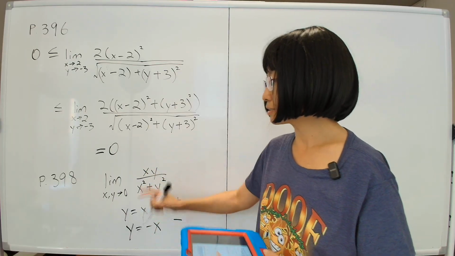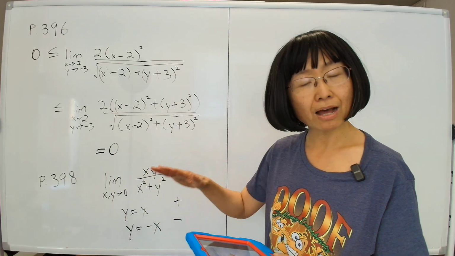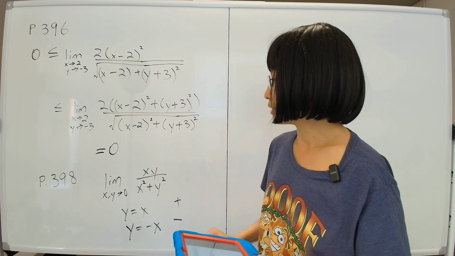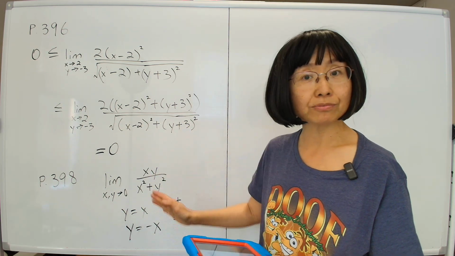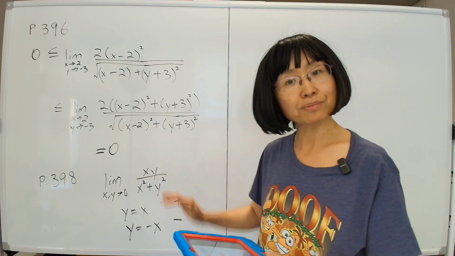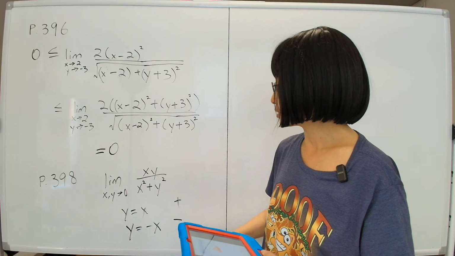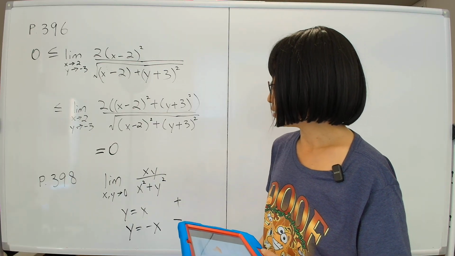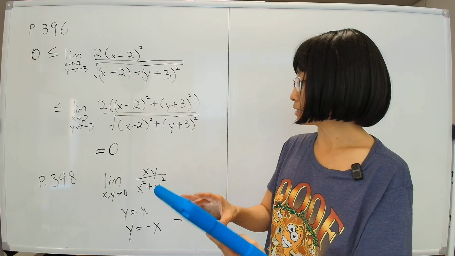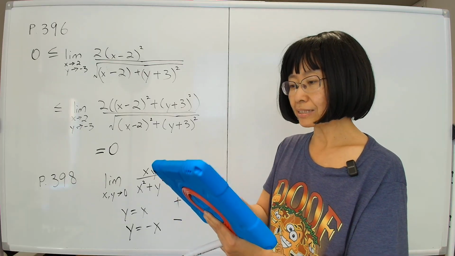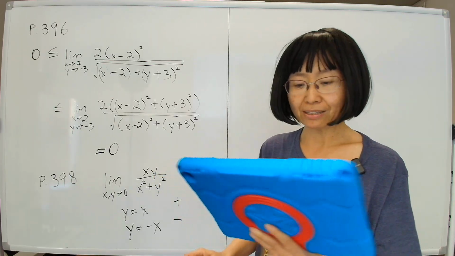So the limit is different depending on how x, y approach 0. The limit should apply no matter how they approach; it should be the same. Being that the limit is different, we know that this limit does not exist. And that's why this function is not differentiable at the origin.